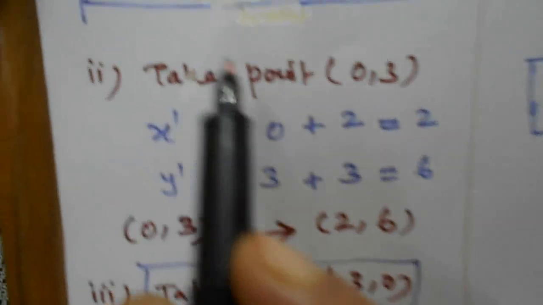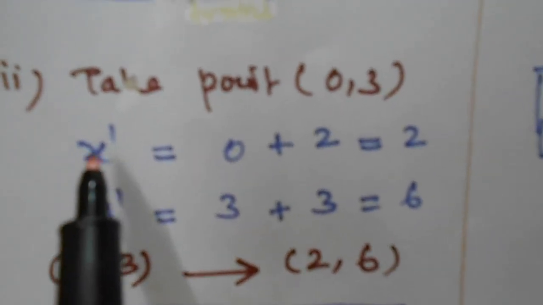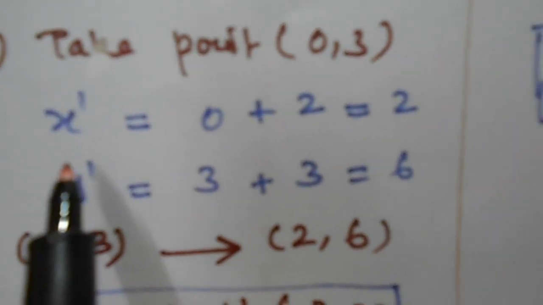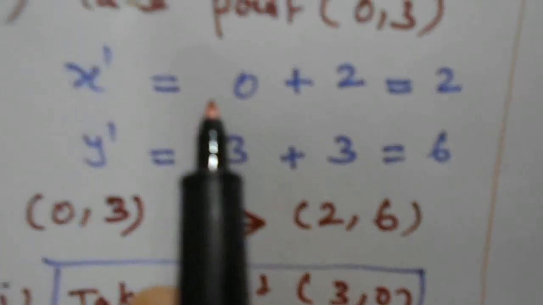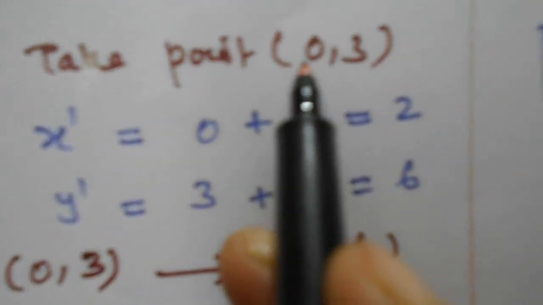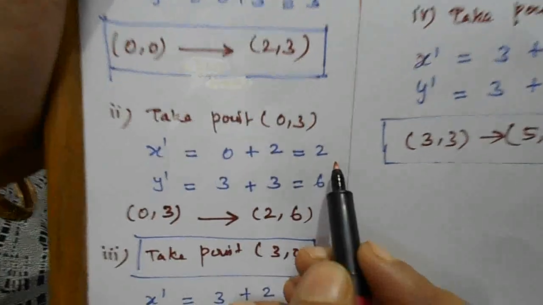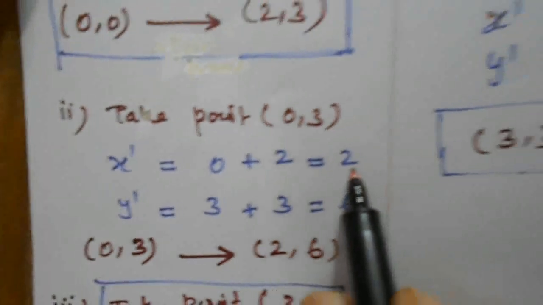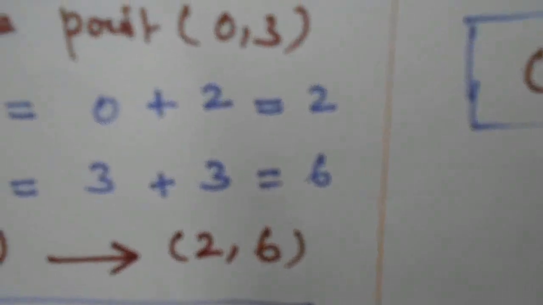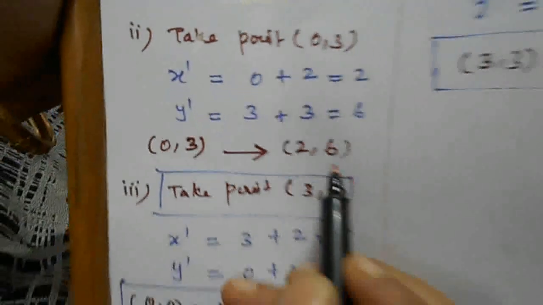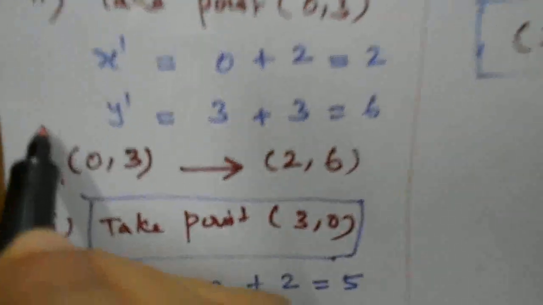Now let's take the next point 0 comma 3. Already we know Tx is equal to 2 and Ty is equal to 3. We substitute x and y as 0, 3 and finally obtain 2 comma 6.